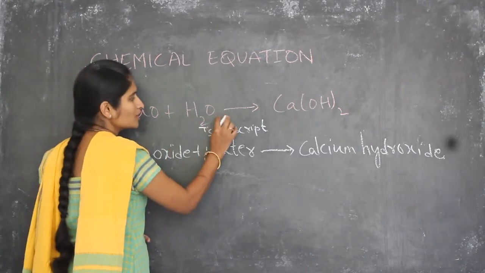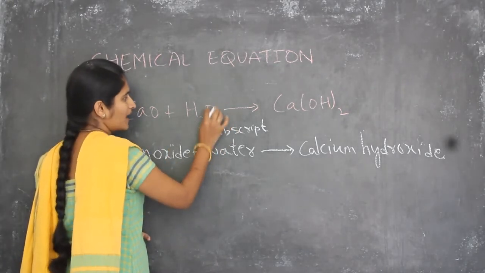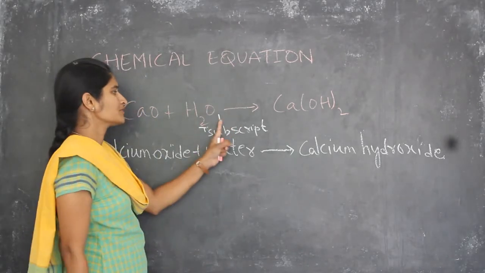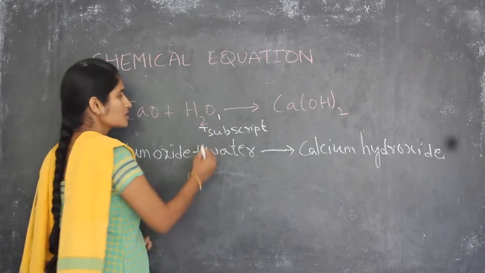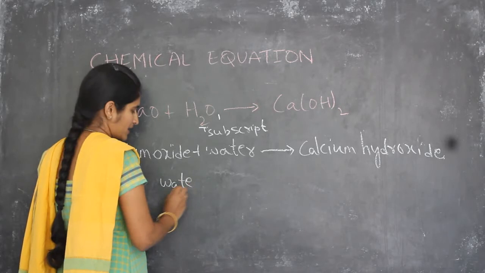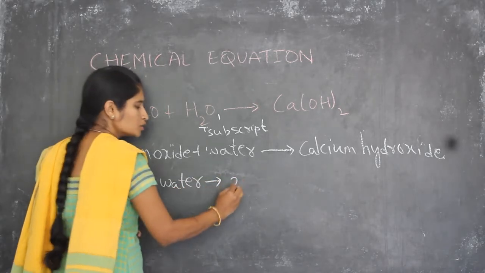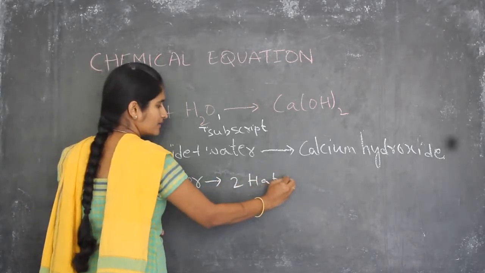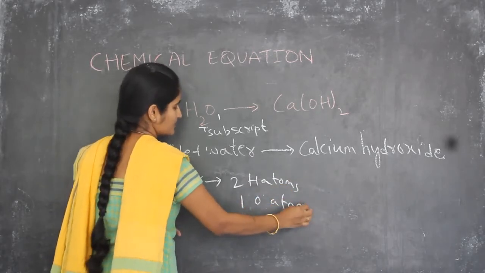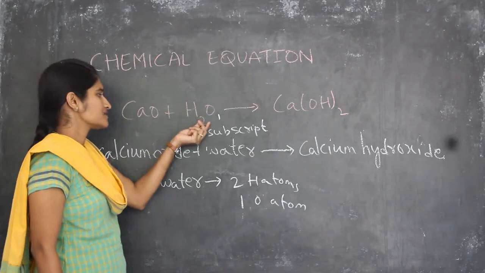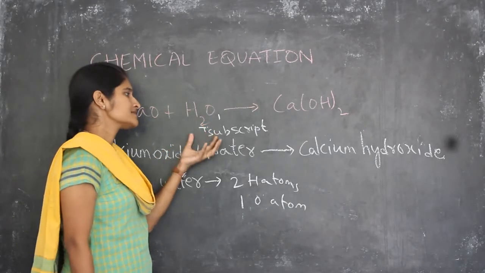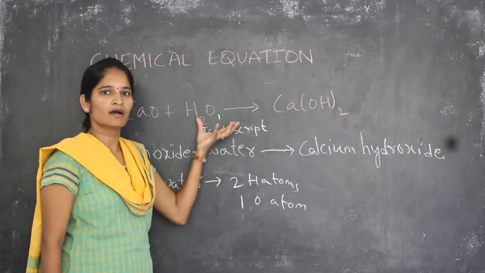If you don't have anything, only an element, then we should assume it as 1. So for a water molecule, 2 hydrogen atoms are there and 1 oxygen atom is there. The numbers written as a subscript of the element represent the number of atoms in the molecule.